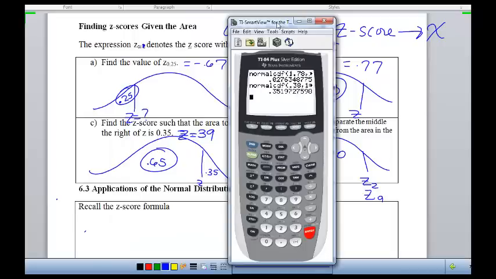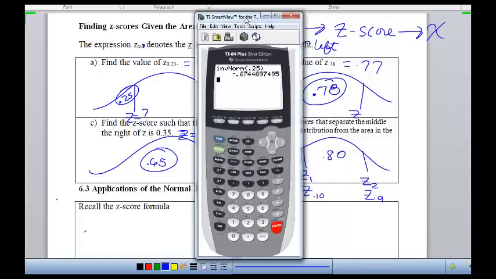Just kind of testing to make sure that it works. So I'm going to do second distribution. Number 3 is inverse norm. And the area to the left is 0.25. And so we get negative 0.67. Okay? All right, so it works fine.